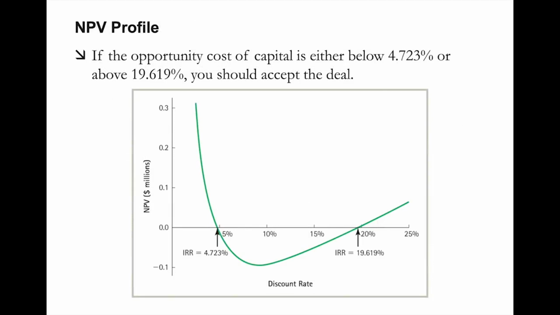So this is what the NPV profile looks like if we draw it for these set of cash flows. Now you'll notice immediately that there are 2 internal rates of return.